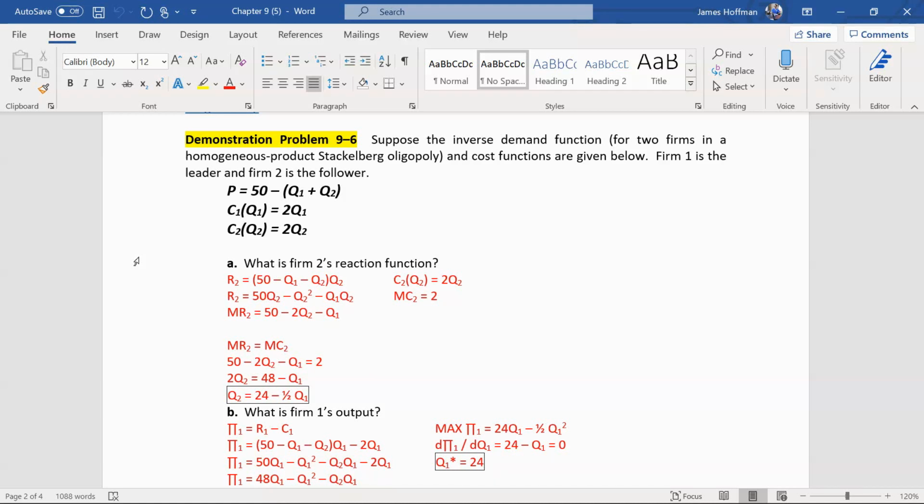Find the revenue of firm 2, price times its quantity: (50 minus Q1 minus Q2) times Q2. Distribute the Q2, we get 50Q2 minus Q2 squared minus Q1Q2, and then differentiate that with respect to Q2 for MR2, and you get 50 minus 2Q2 minus Q1.